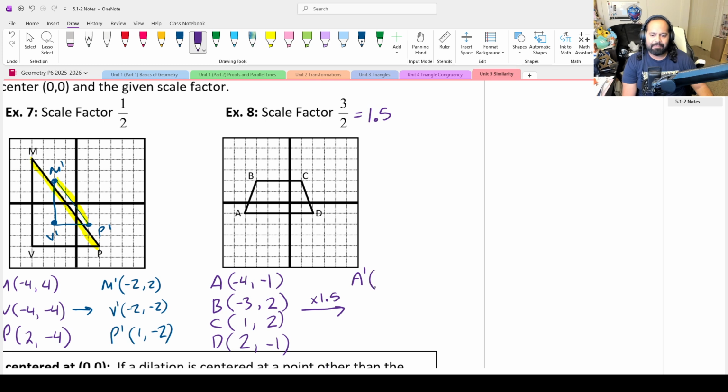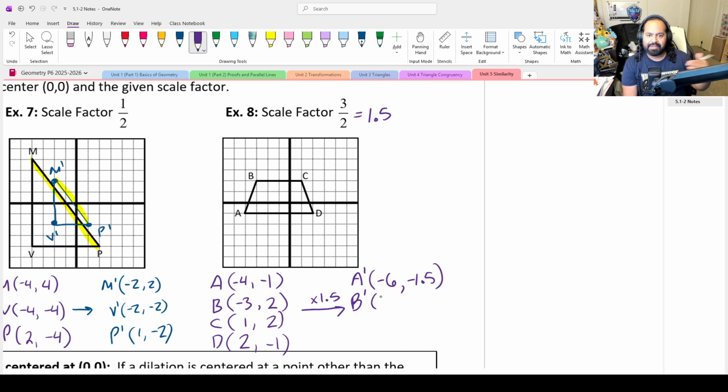So A prime, if I take 4 times 1.5, well, half of 4 is 2, so then that's going to get me 6. Actually, A is (-4, -1), so -4 times 1.5 gets me -6. And again, that's just me doing it in my head. If you just punch it in the calculator, you're fine. -1 times 1.5, that's -1.5. Then I go to B prime.